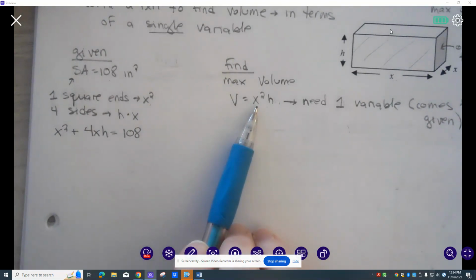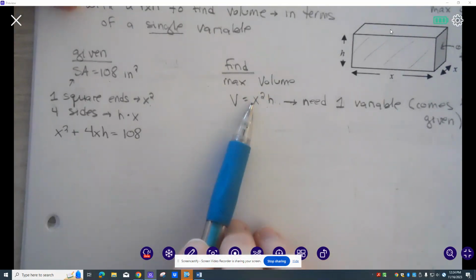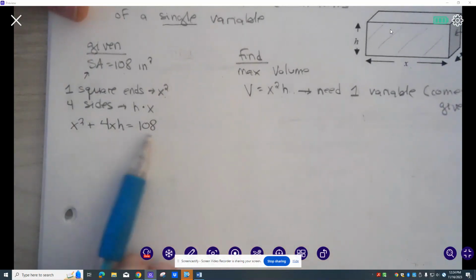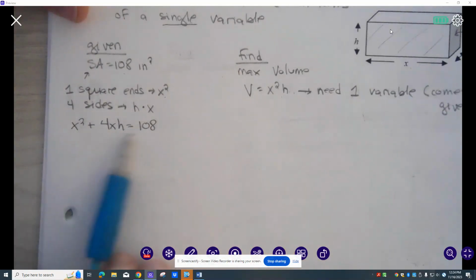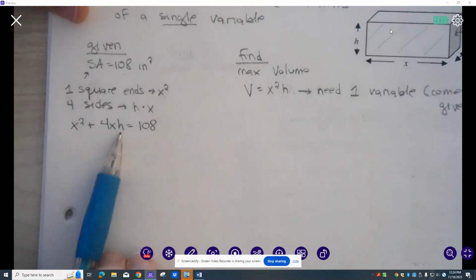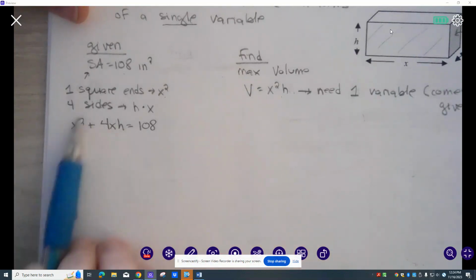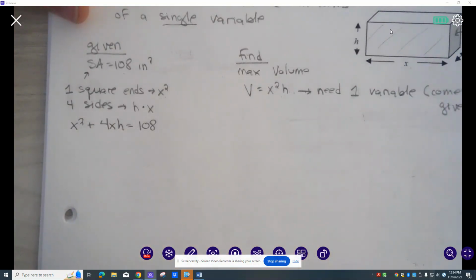I want to write volume in terms of x only, so I'm going to take this surface area function and solve it for h.